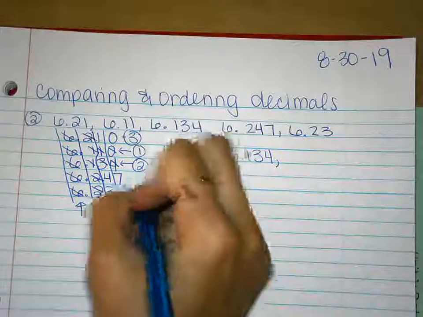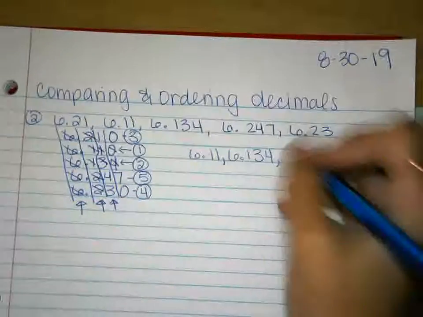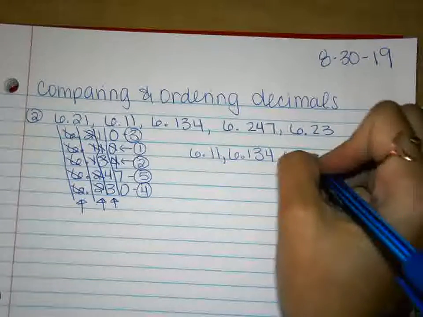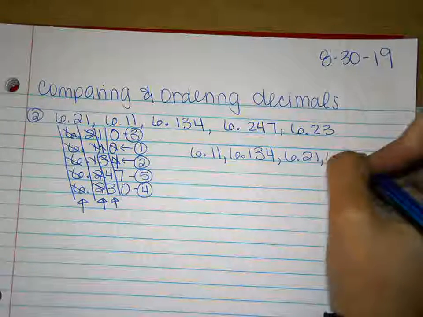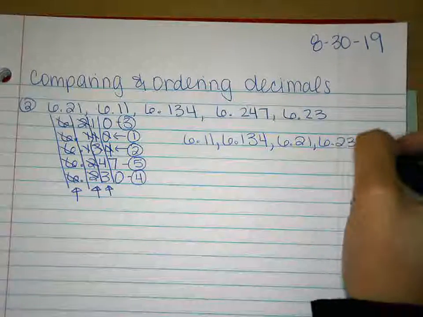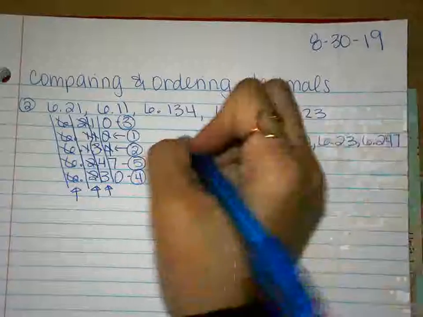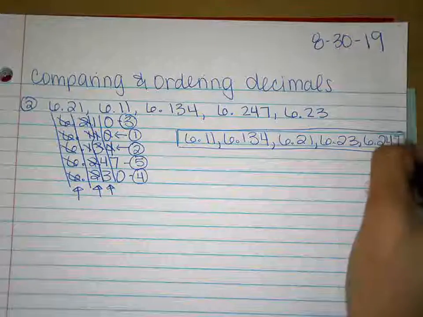My next smallest number is a 4, so that is my fifth number. And then I can write them down. So I have 6.21, 6.23. Notice I did not add my extra zeros where I added them. And 6.247. And that is my answer in order from least to greatest.